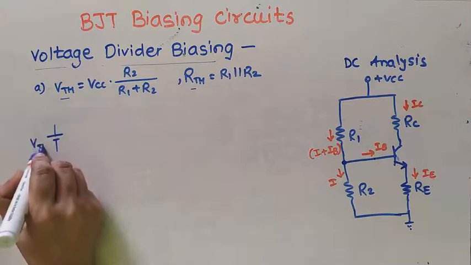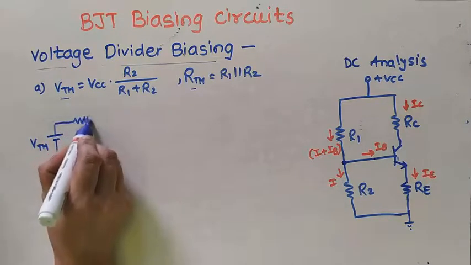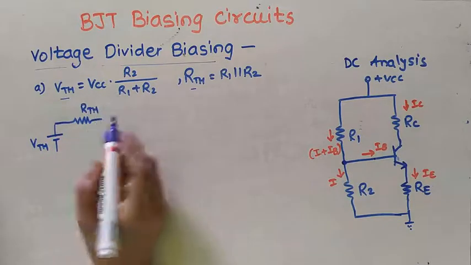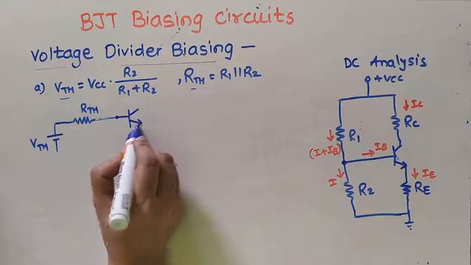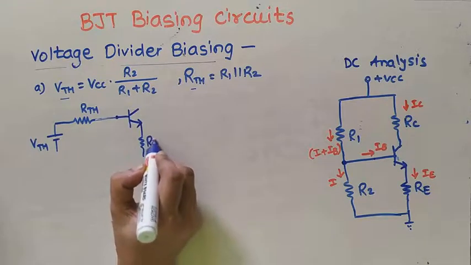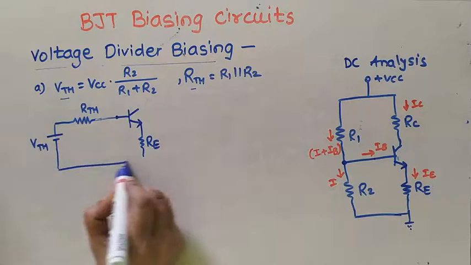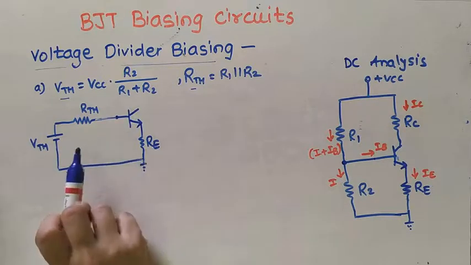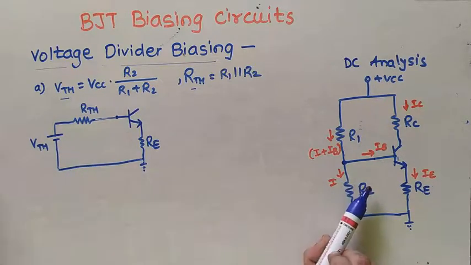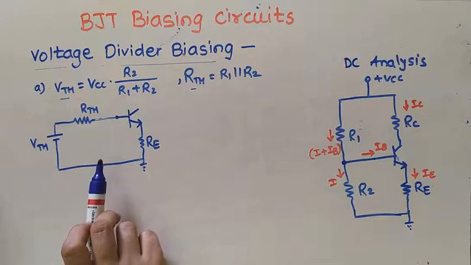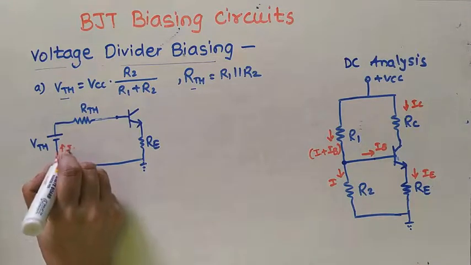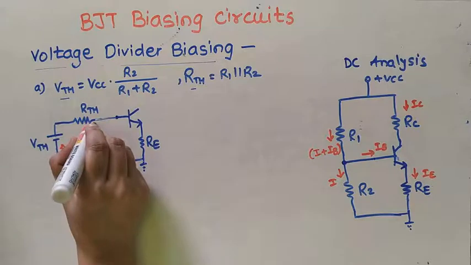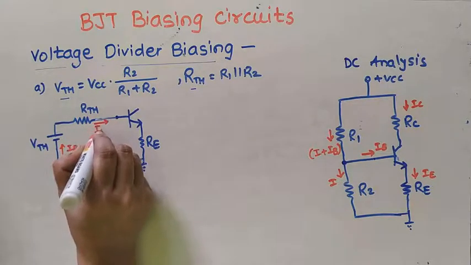This is VTH, this is RTH, this is our base terminal, this is our emitter terminal. At the emitter RE is connected and it is grounded. This is our Thevenin's equivalent network for the input side, and the current flowing in this circuit is current IB. That means through this RTH current IB is going to flow.